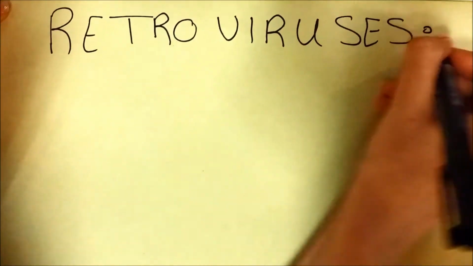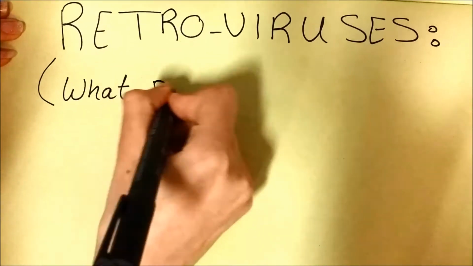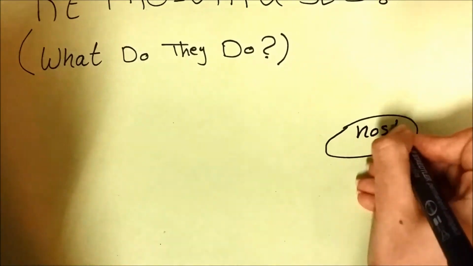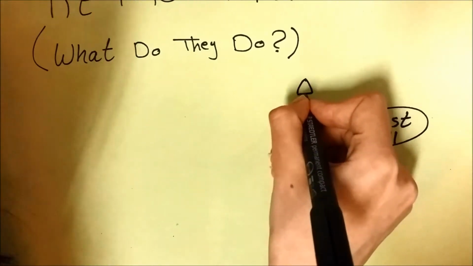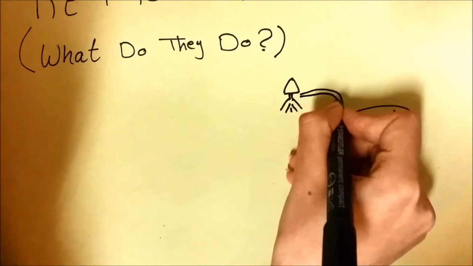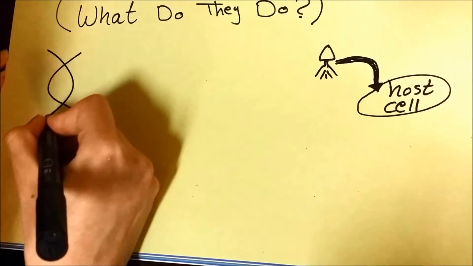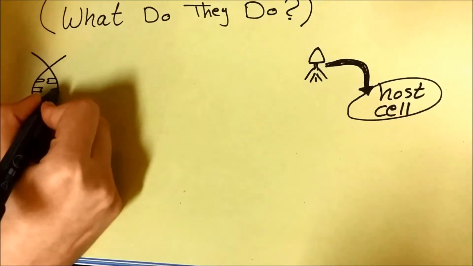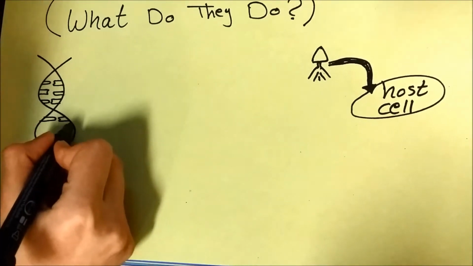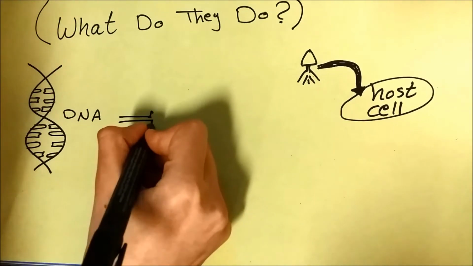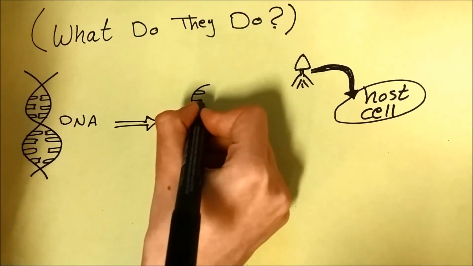Finally, retrovirus is a good example of viruses. What do they do? They replicate in a host cell through the process of reverse transcription. In most viruses, DNA is transcribed into RNA, which is then translated into proteins.